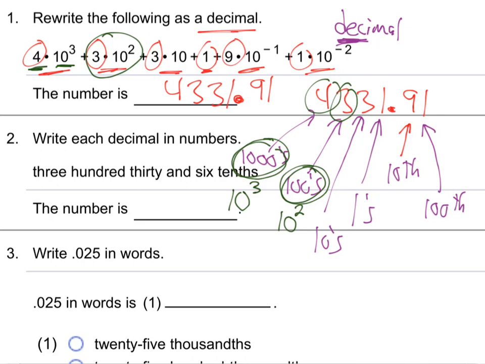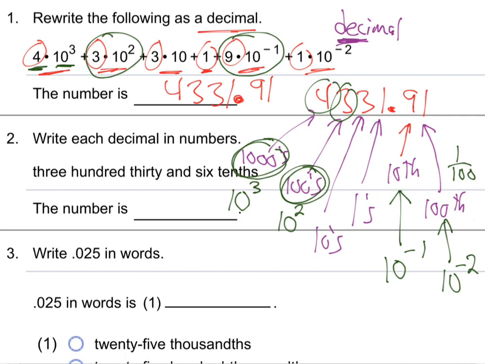And by the way, what's the tenths place over here? That's 10 to what power? Negative 1. It's 9 in the 10 to the negative 1 place. And the hundredths means 1 over 100, doesn't it? So that's 10 to the minus 2.